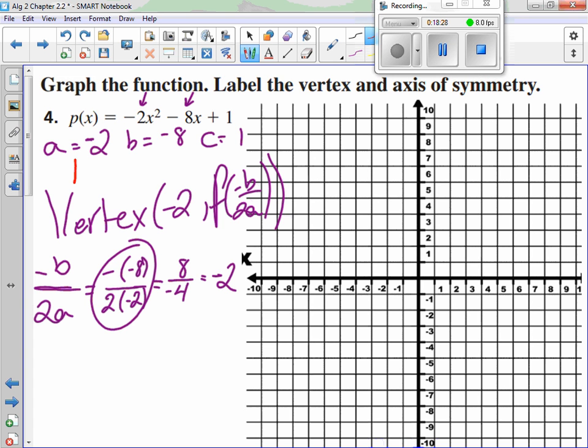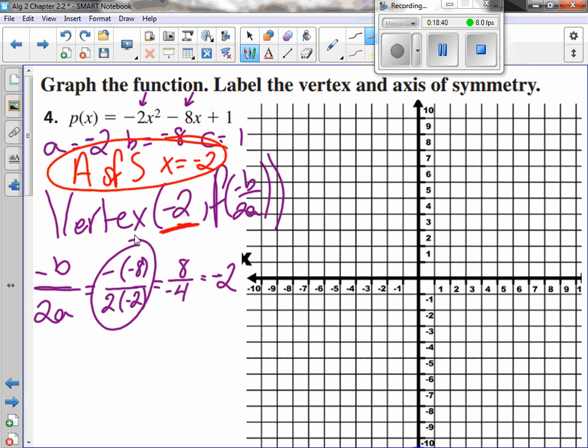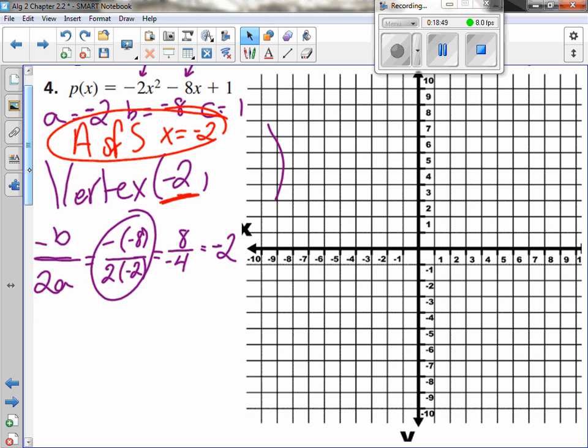Well, at this point here, we could really say the axis of symmetry is what? X equals negative 2, because we already found that value. But we still need to find out what the y value of this is. So what do we have to do? We've got to plug it into the function. So we could say negative 2 times negative 2 squared, minus 8 times negative 2 plus 1.